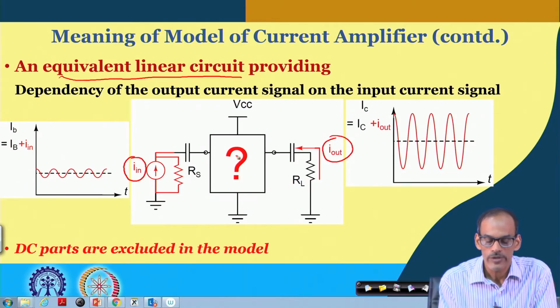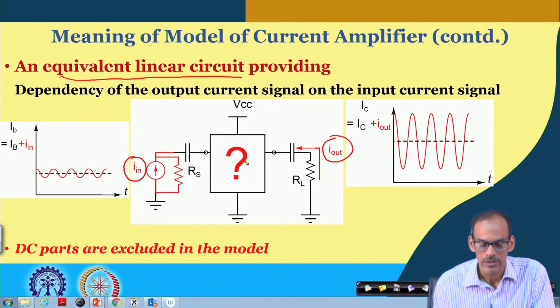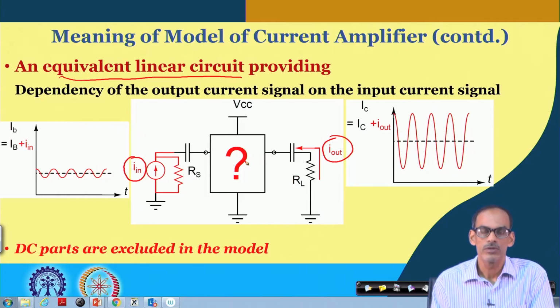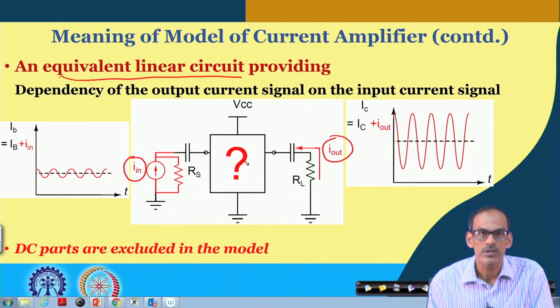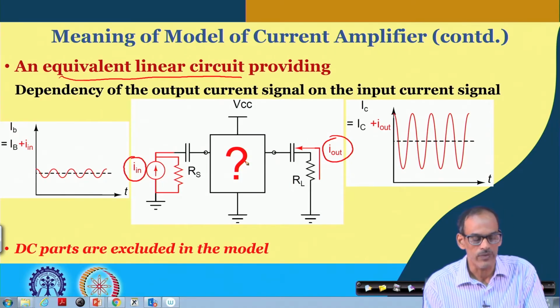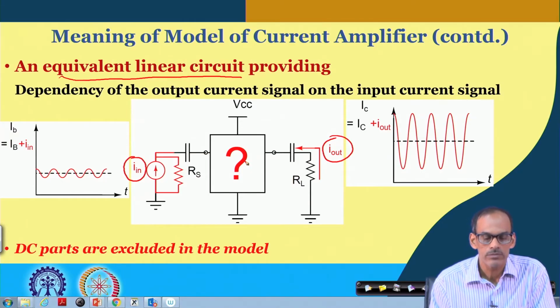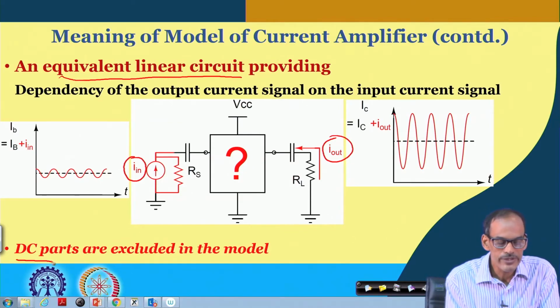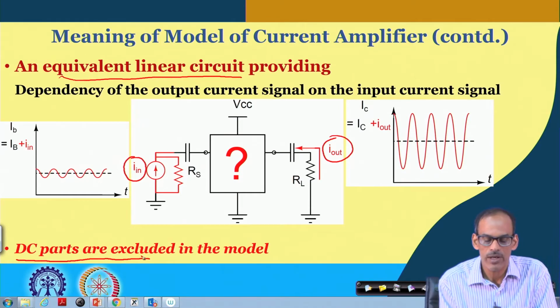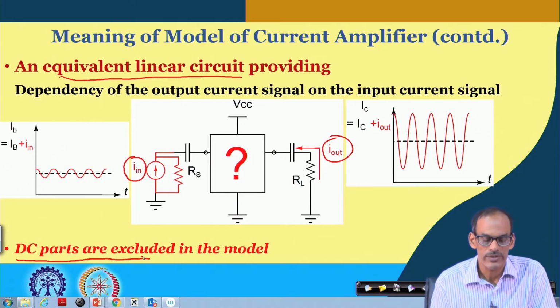So, the corresponding circuit is what we call the model of the amplifier. Similar to the voltage amplifier, here again we like to exclude the DC part in the model to simplify the circuit.